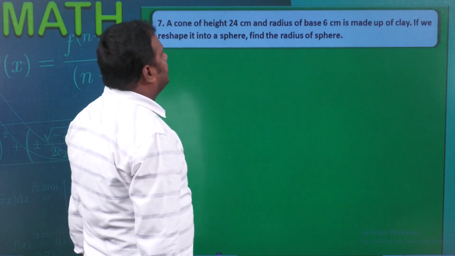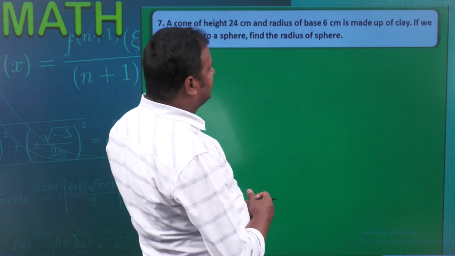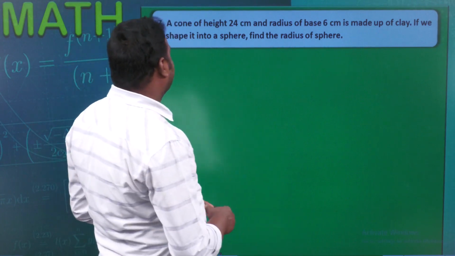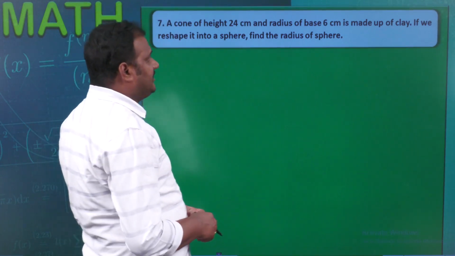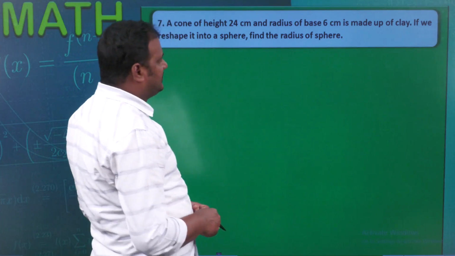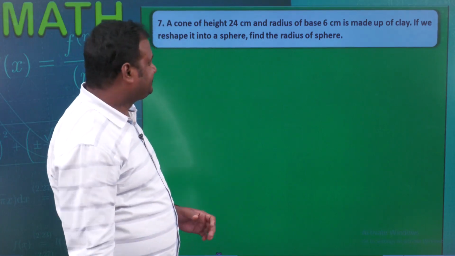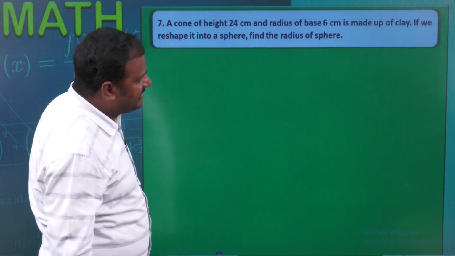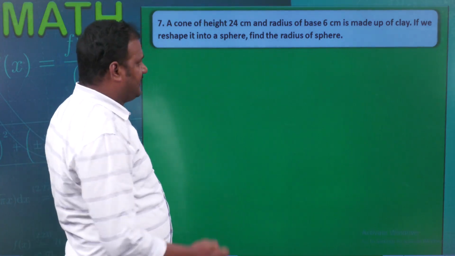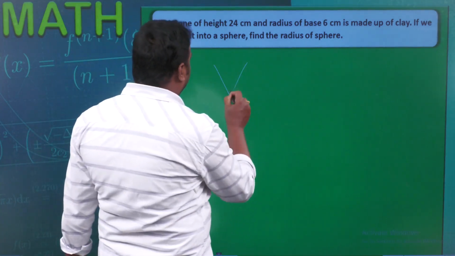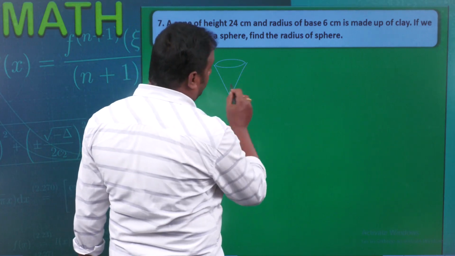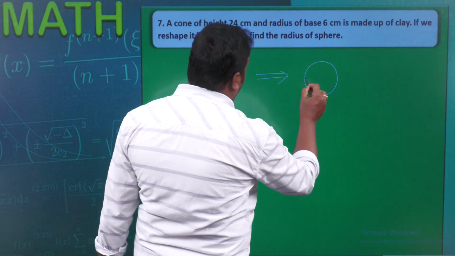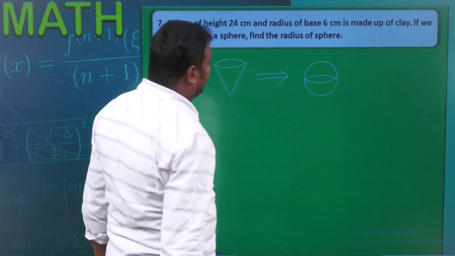So a cone of height 24 centimeters and radius 6 centimeters is made up of clay. If we reshape it into a sphere, then find out the radius of the sphere. What does it mean? It means a cone is recast into a sphere.